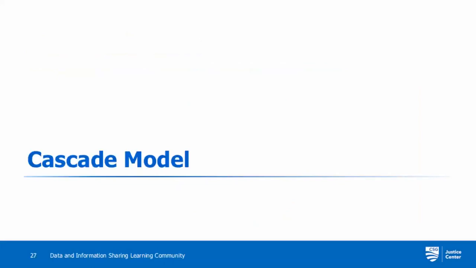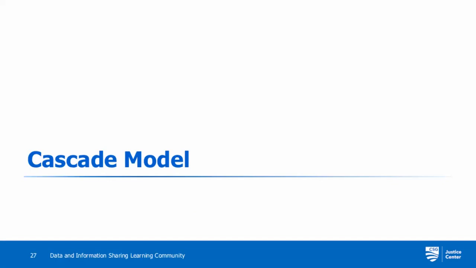So today I want to talk about the Cascade model as a way of thinking about taking information from the performance measures and actually using them in a way that you can build coalitions in your own jurisdiction, on your own grant, around key issues.